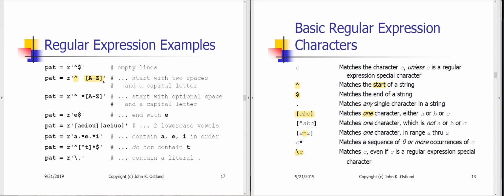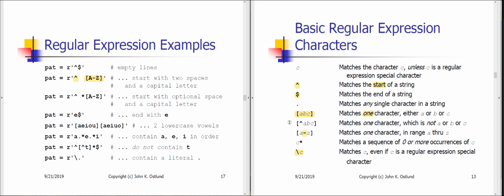Now, in the ASCII character set, it turns out that all of the uppercase letters are sequential. So by saying in square brackets, capital A dash capital Z, what I'm really saying is that I want to match one character, which is some capital letter. So, to summarize, this pattern is going to look for lines that begin with space, space, capital letter.